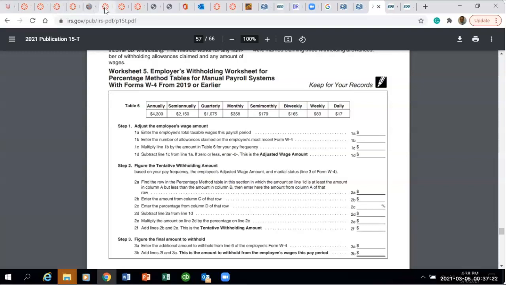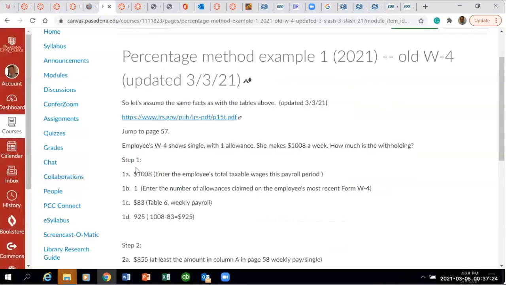So let's look at the example we have. In Step 1, this person is single with one allowance on an older W-4, and she makes $1,008 a week gross, and we want to see how much is the withholding for this employee. So we put the gross amount at the top.